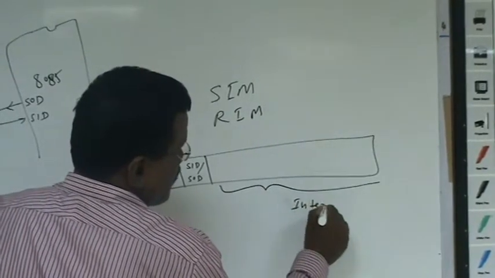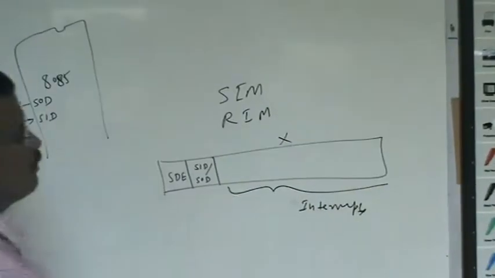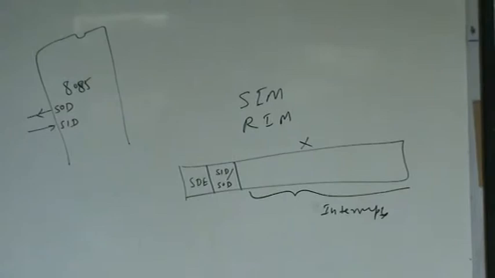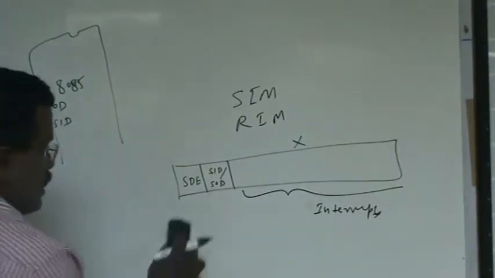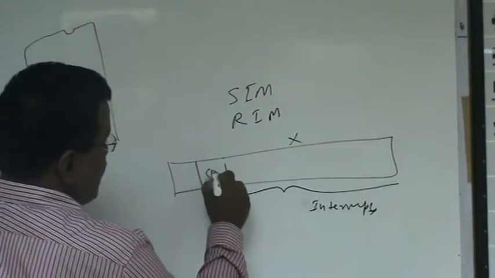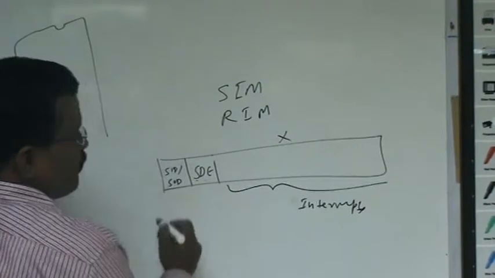Let us forget these bits; we don't want to bother about them. This is SDE, serial data enable, and this is the SOD bit.